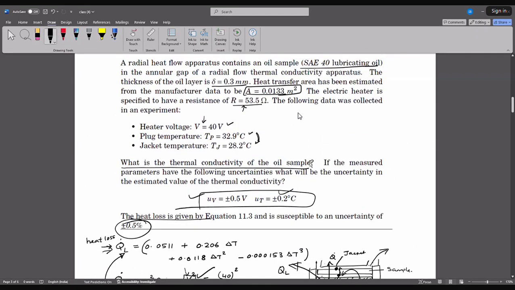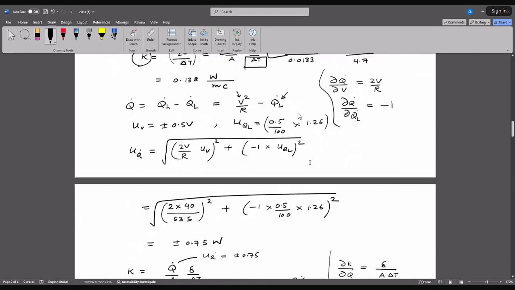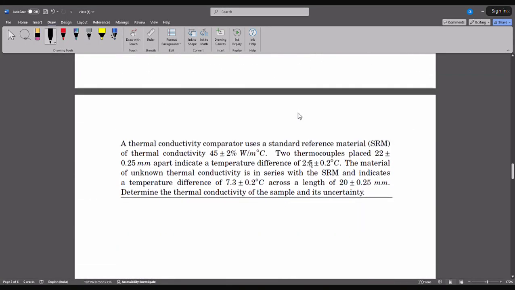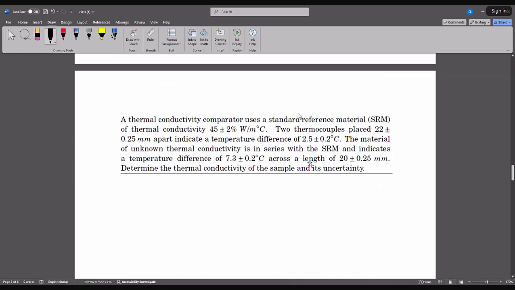So this is the radial heat flow apparatus. Maybe the last question for today is the third method we can use to measure thermal conductivity, which we also discussed in class.